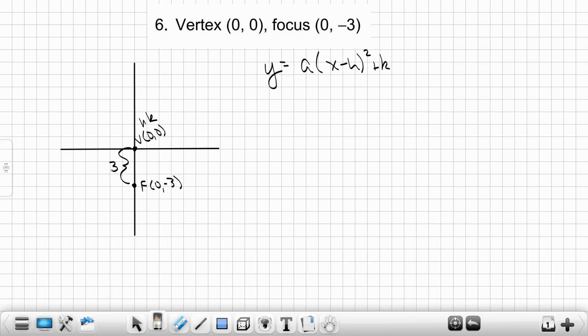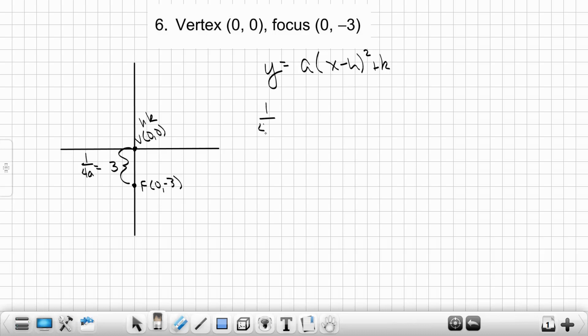And it's going to be a positive or negative a value. Why is it negative? Because it's facing down. Remember, if it's facing down or facing left, it's negative. If it's facing up or facing right, it's positive. So 1 over 4a is equal to 3.